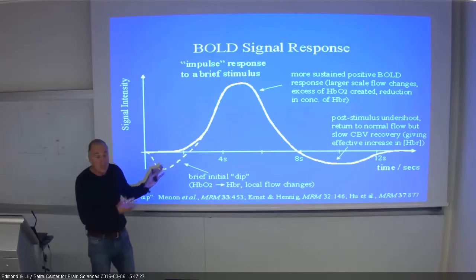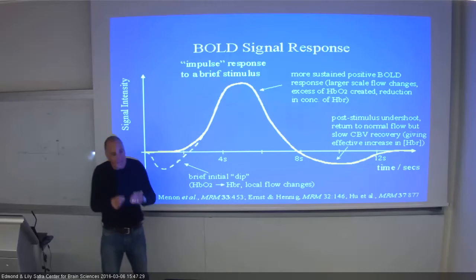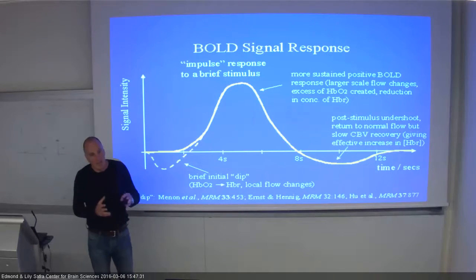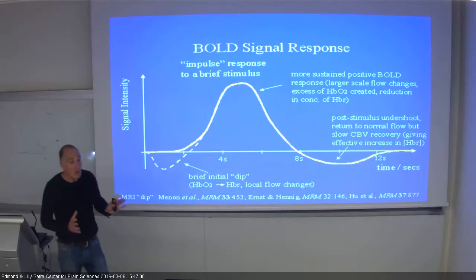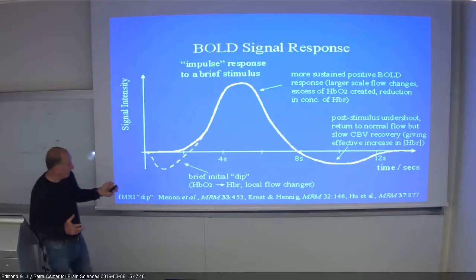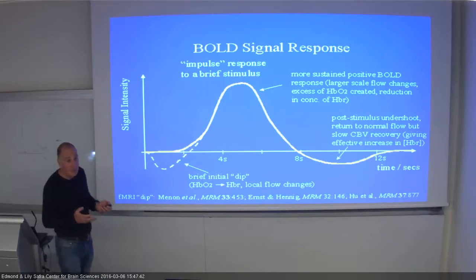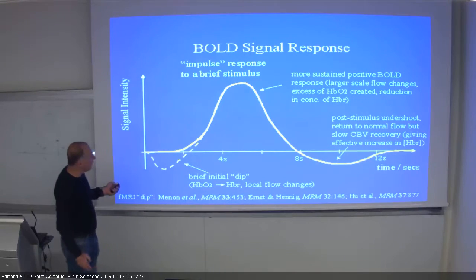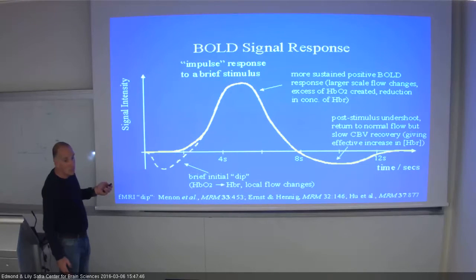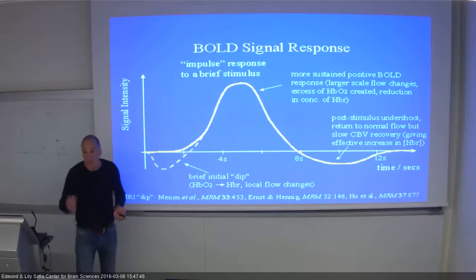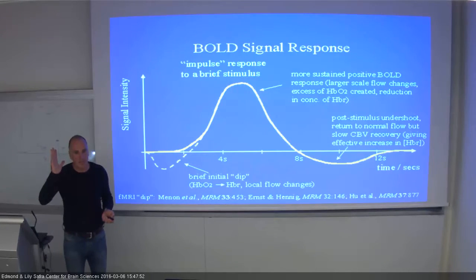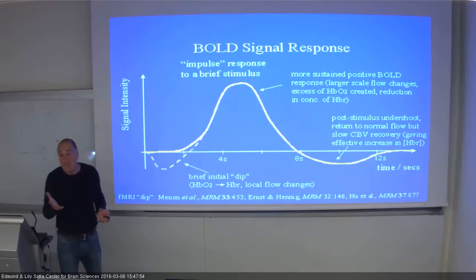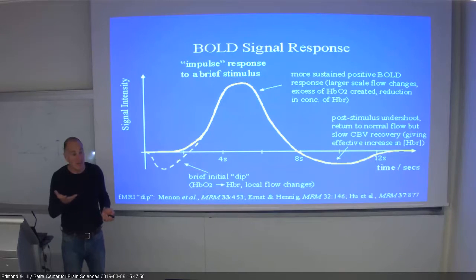I'm presenting this because it's the basic example in which we have been able to replicate very beautifully what we know from physiology, although the spatial resolution, as you see here, and the temporal resolution of fMRI are quite poor. If you give a brief pulse of a visual stimulus at time 0, the neuronal response in V1 is delayed by maybe 50 milliseconds or so.